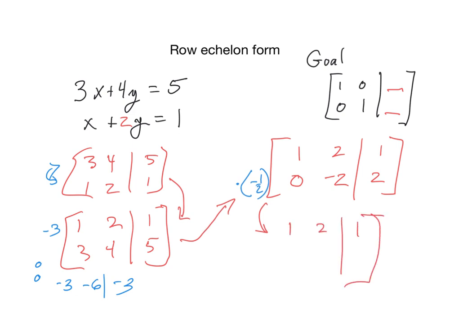There's my brackets on my matrix. 0 times -1/2 is still 0. -1/2 times -2, negative times negative is a positive, 1/2 of 2 is 1. And then I take -1/2 times +2. Negative times a positive is a negative. It'll be -1.